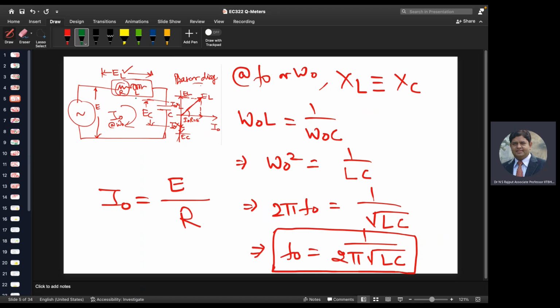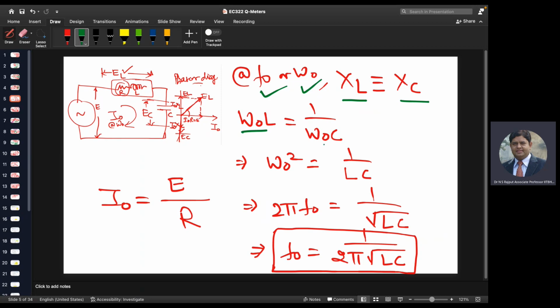Now, when we go further, at that particular resonance frequency, omega naught or 2 pi f naught, XL will be identically equal to XC. At resonance, the imaginary part will go off, and therefore XL is equal to XC.